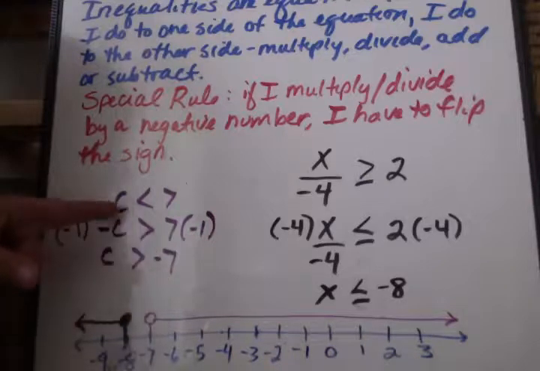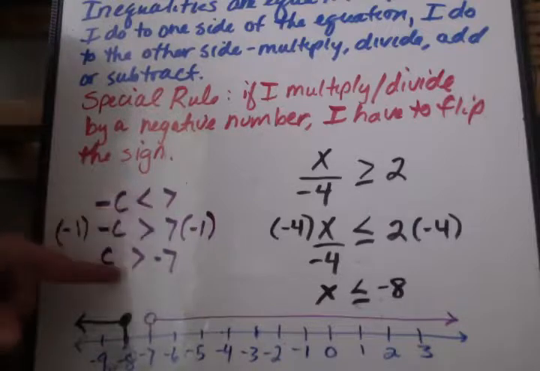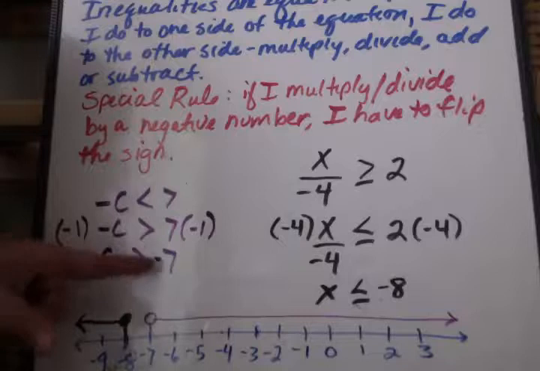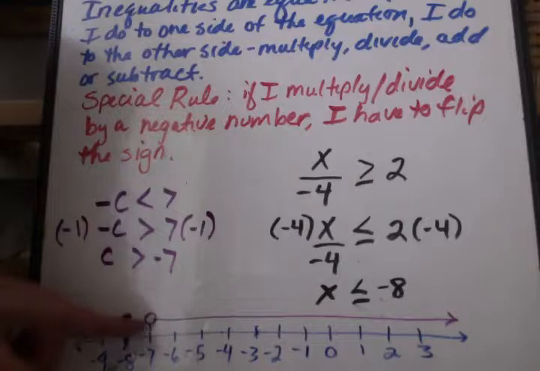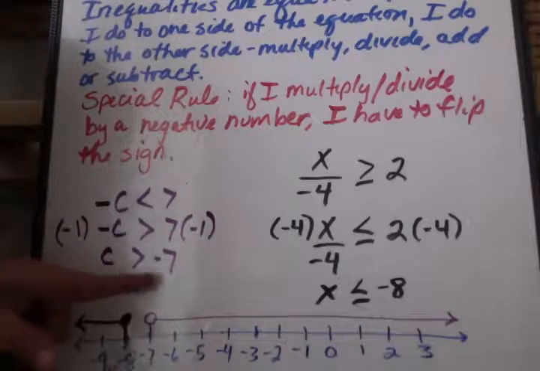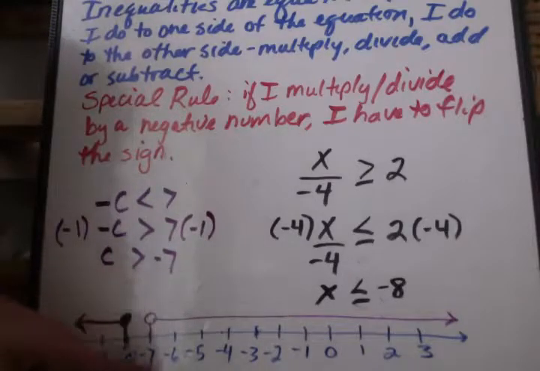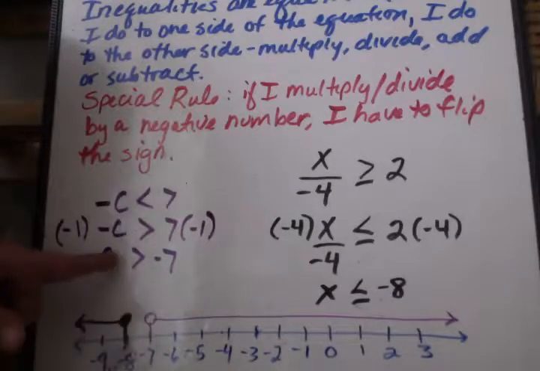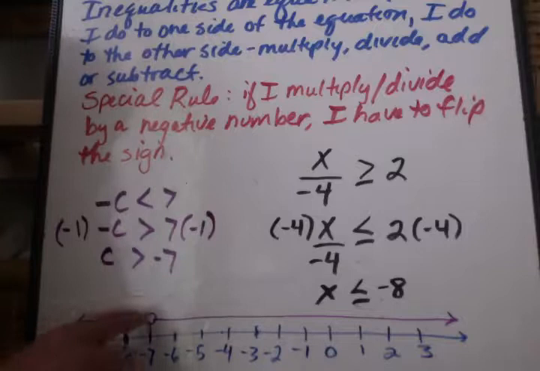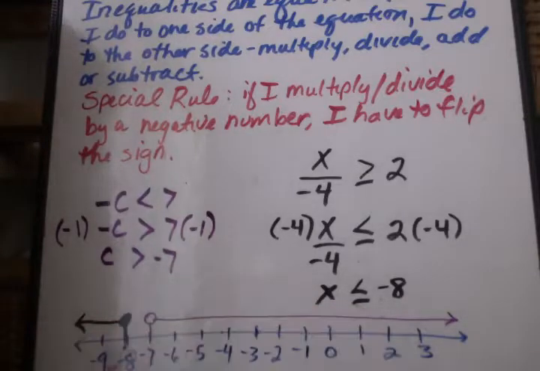So basically, negative c less than 7 becomes c greater than negative 7. And I also did draw it out here on the number line, so I get to negative 7, which is down here. And c is greater than negative 7, so greater than anything moves to the right.